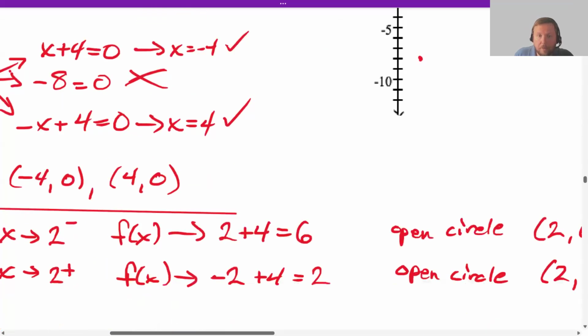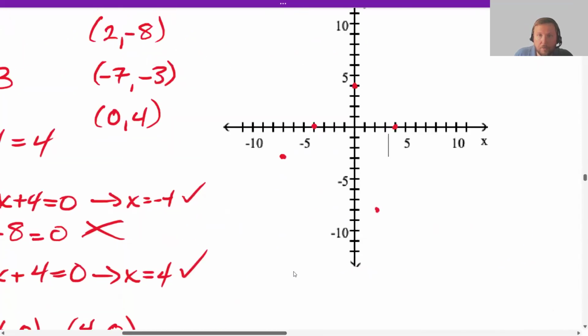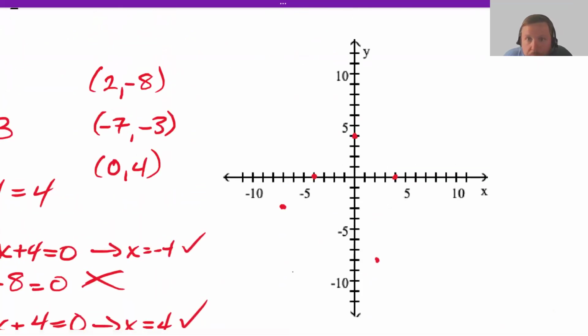And then our open circles, we have 2, 6, and 2, 2. Okay. And that's about all we need.